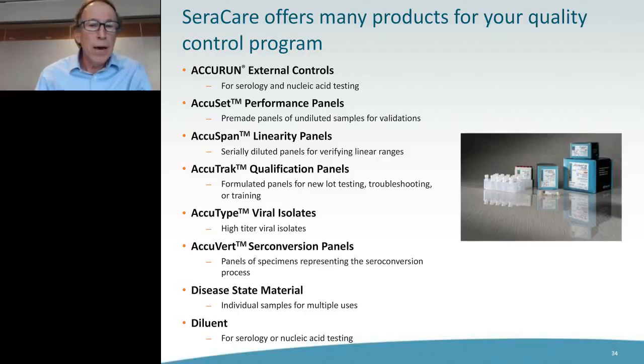We have a number of high titer isolates, the AccuType isolates. We have seroconversion panels and disease state materials that you can search our website for that will help you develop interesting new assays that you might be adding to the menu over time. And of course, we've got a good list of diluents to dilute your working samples.